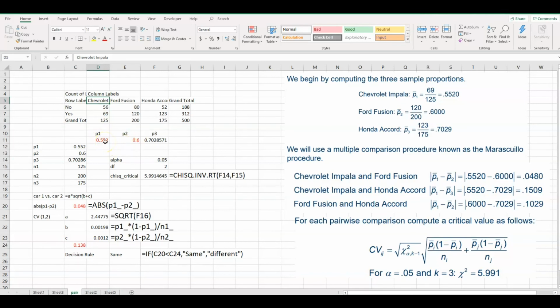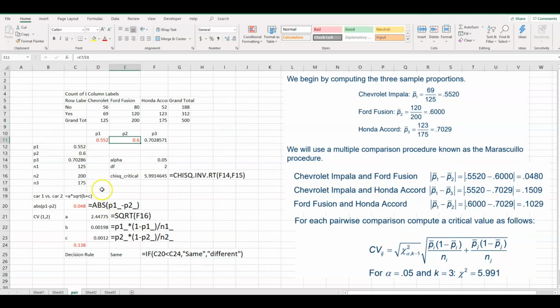P1 is the proportion of people who say they are going to purchase Chevy again, which is 55%, and 60% claim they are going to purchase Ford again. So our question is, are they equal? 55% and 60%. Our conclusion is yes, they are equal. There's no difference. How can we do it?